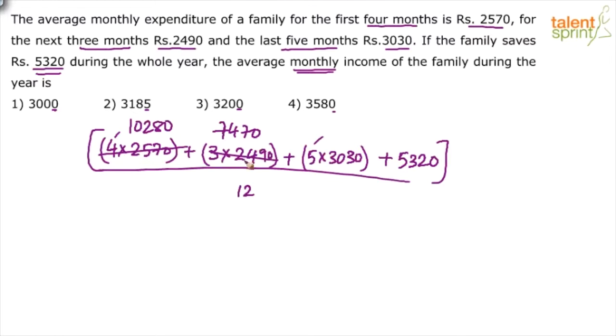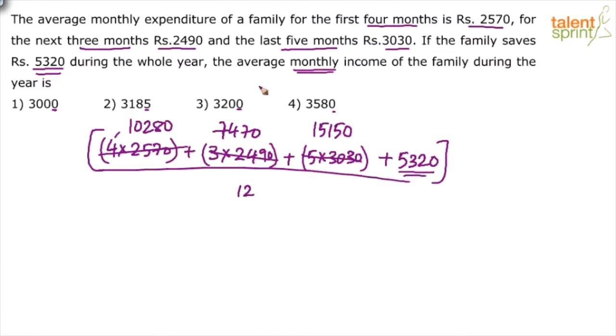So 3 times 2,500 is 7,500. Minus 10 times 3 is minus 30. 7,500 minus 30 is 7,470. And the last multiplication here is 5 times 3,030. So this is 15,150. You getting it? 5 times 3,000, 15,000. 5 times 30 is 150. Plus 5,320. Now add all these and divide by 12.